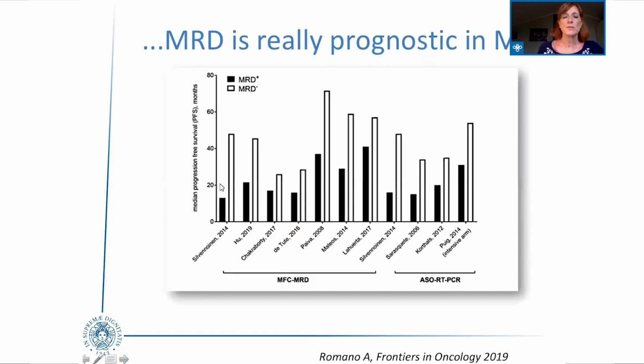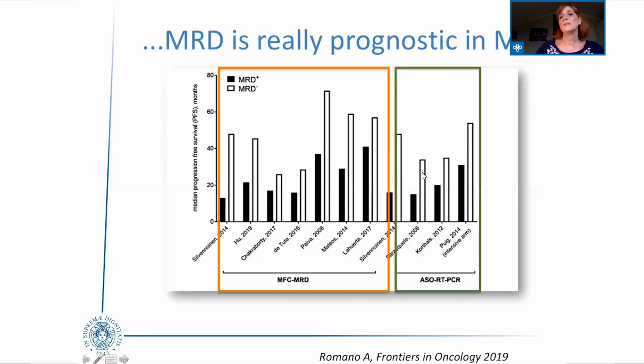The progression-free survival of MRD negative patients is better than that of MRD positive cases, either when you use flow cytometry or molecular biology, in this case, ASO-PCR.